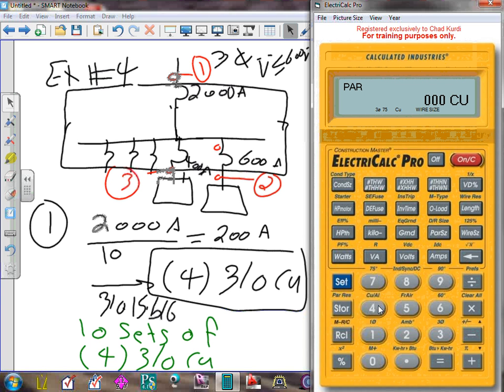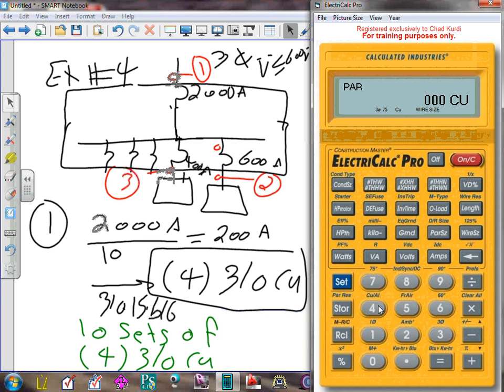So for example, with 2 runs of 2,000 amps, each conductor will be carrying 200 amps, and when you add up at the bus, they add up to 2,000 amps. We're talking about one phase here. You will have 3 phases: phase A, phase B, phase C, and a neutral.